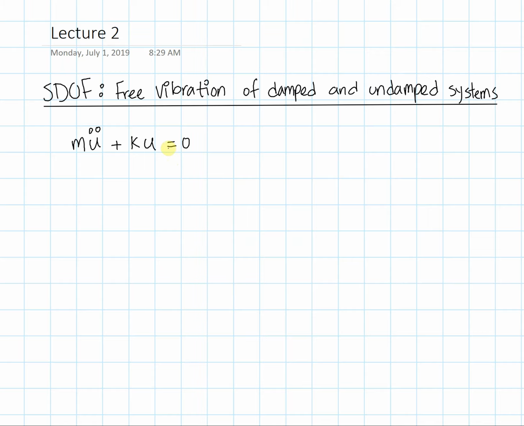Now, this is a second order differential equation, and the general solution to this differential equation is the following. u is equal to a1 cosine omega n t.